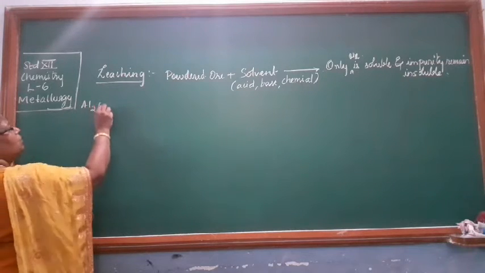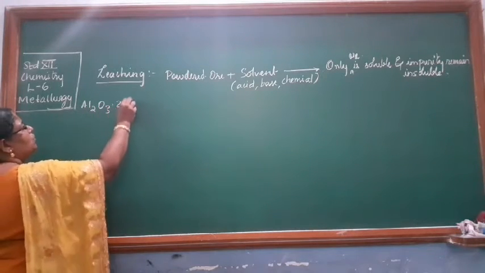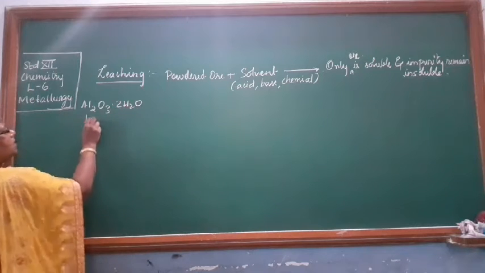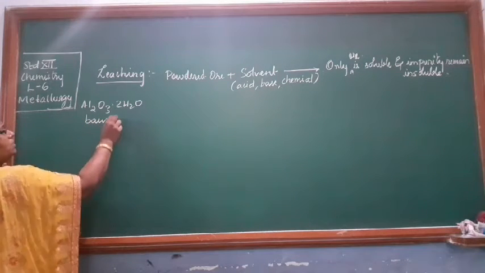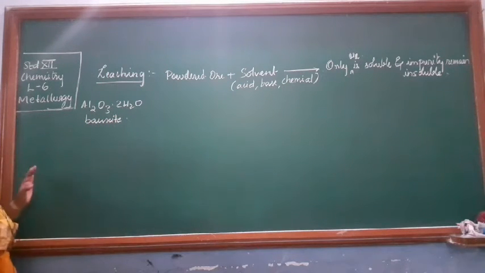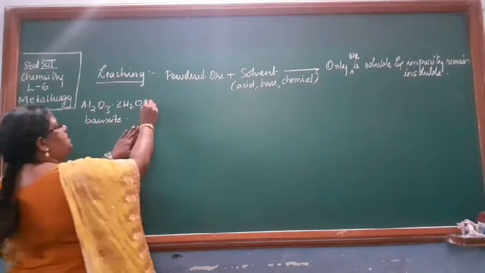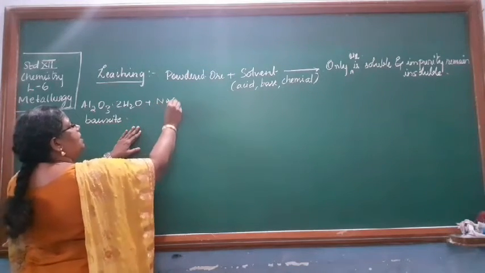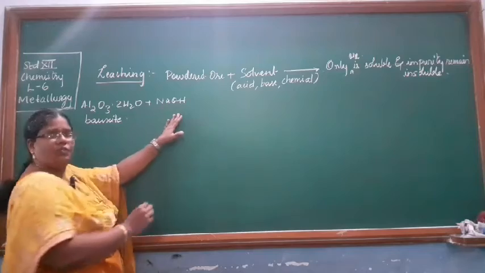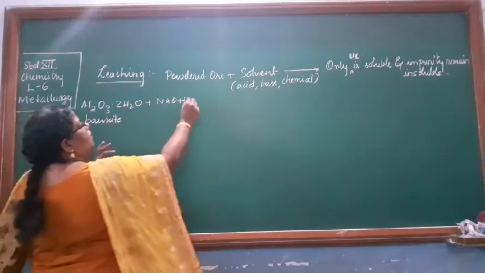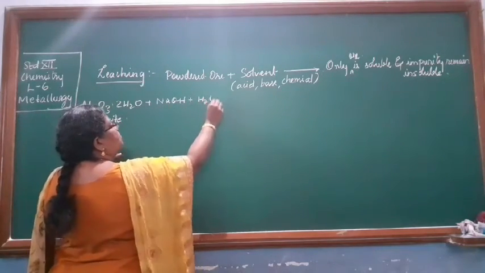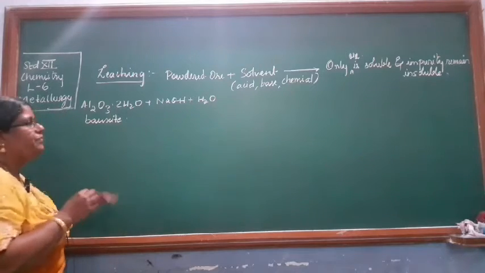It is Al2O3·2H2O, जिसका नाम है bauxite. Okay. Now this bauxite is treated with NaOH, the solvent which you are taking, plus H2O you can write.